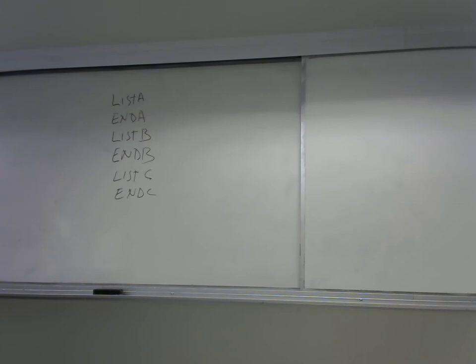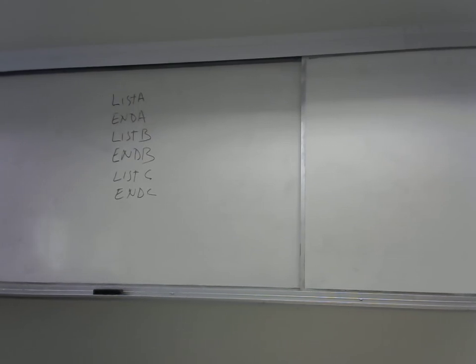So in program A, we have xdef, list A and end A. These are defined, declared in program A, but they're going to be referred to in programs B and C. I'll keep the format of this the same so we don't confuse you guys. It'll be prog A, prog B, prog C.